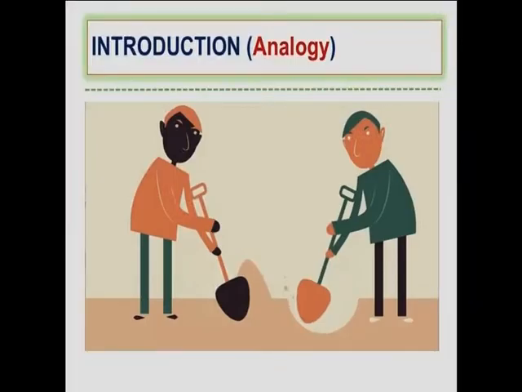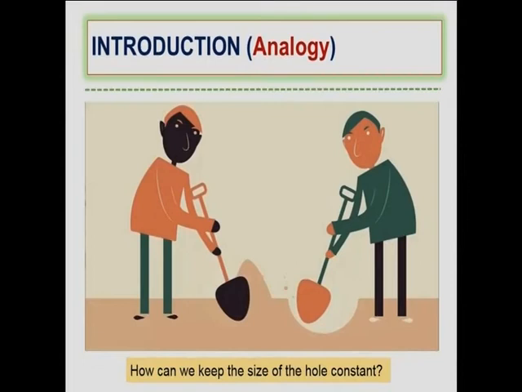Okay, dear students, how can we keep the size of the hole constant? Yes, the size of the hole is going to remain constant if the rate of digging and the rate of filling are equal. And this state is known as equilibrium.